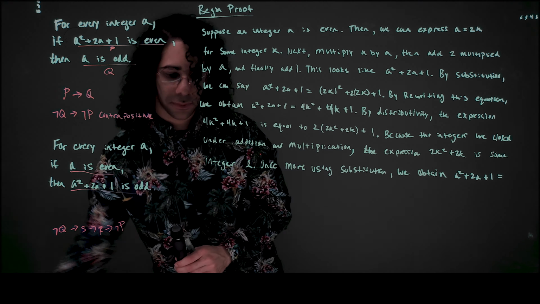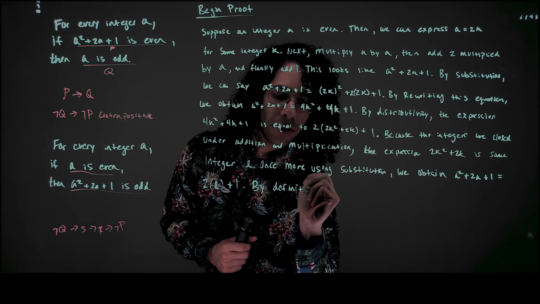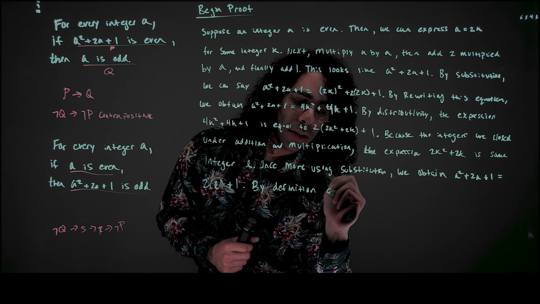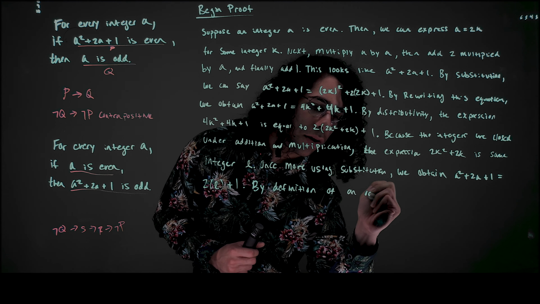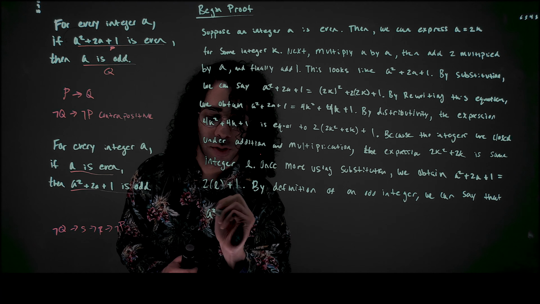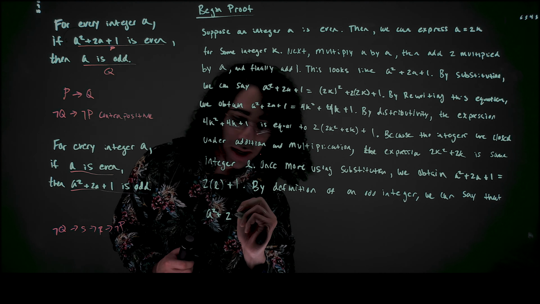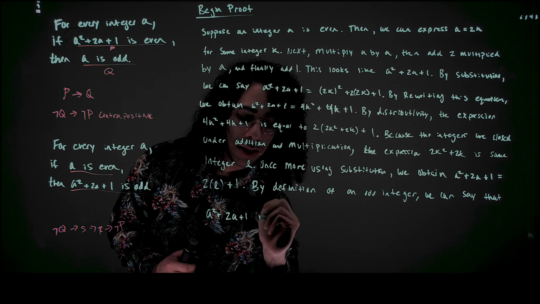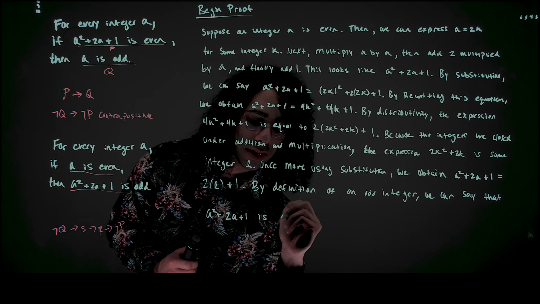By definition of an odd integer, we can say a squared plus 2a plus 1 is an odd integer.